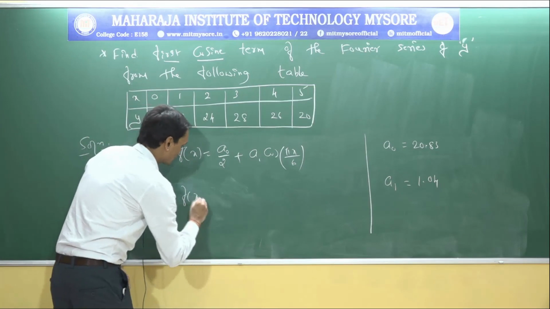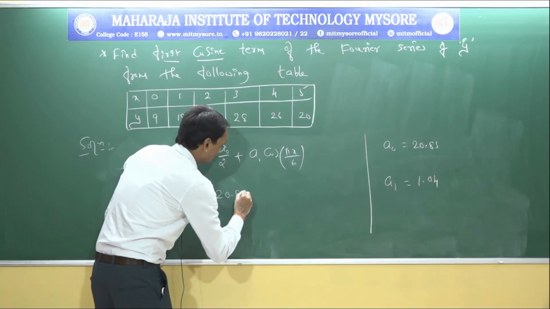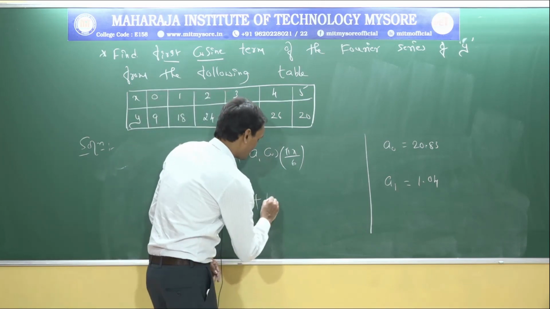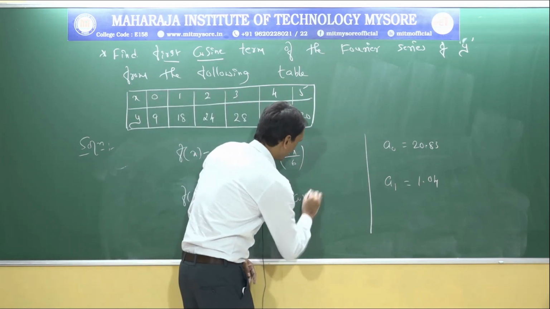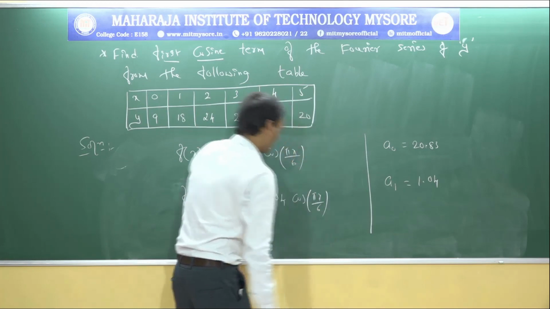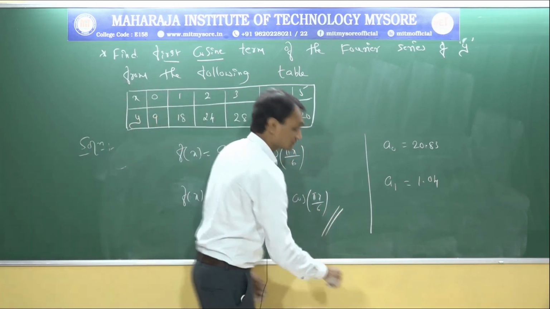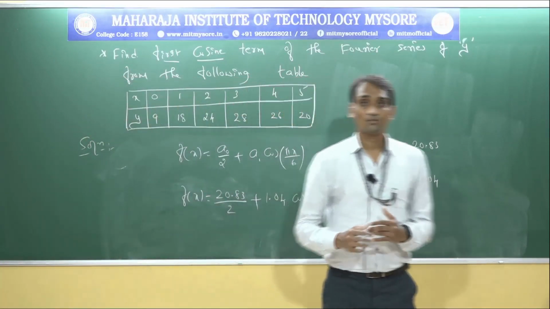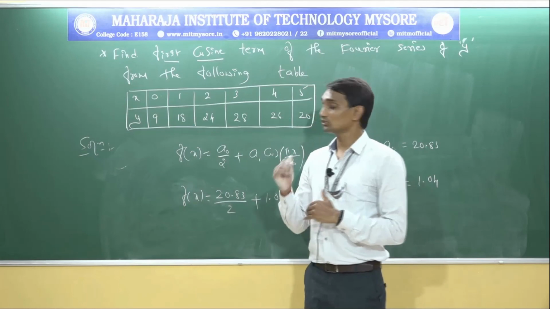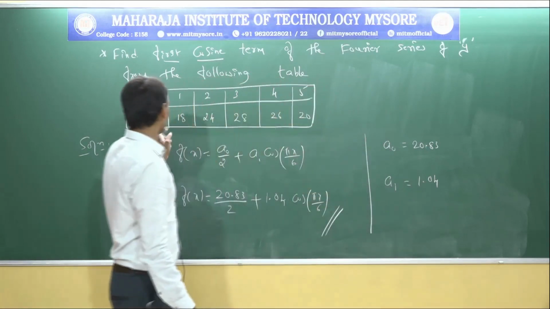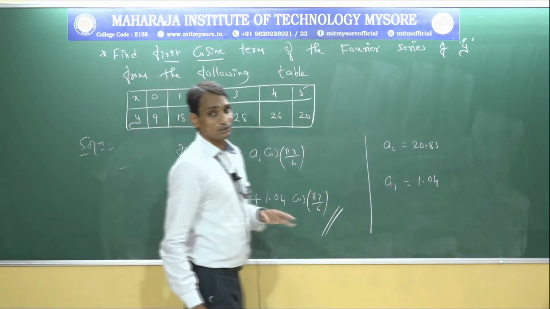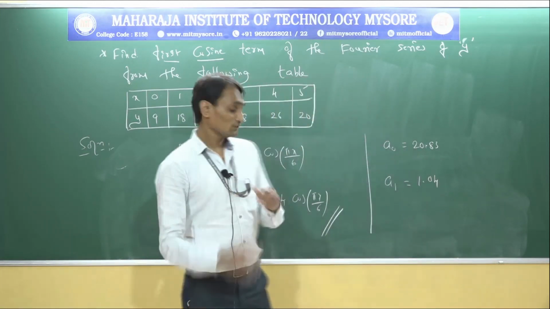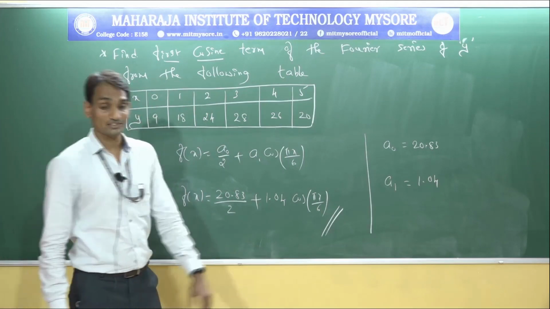So f of x equal to 20.83 whole divided by 2 plus 1.04 into cos pi x by 6, which is the first cosine series for the given x and y values. X equal to 0, 1, 2, 3, 4, 5, y equal to 9, 18, 24, 28, 26 and 20.